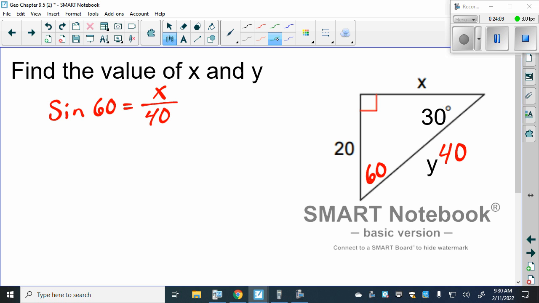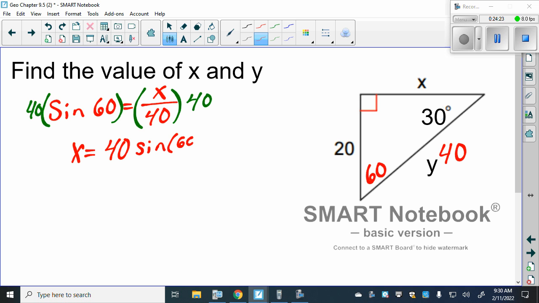And then we would multiply both sides by 40, which would tell us that x is equal to 40 sine of 60.